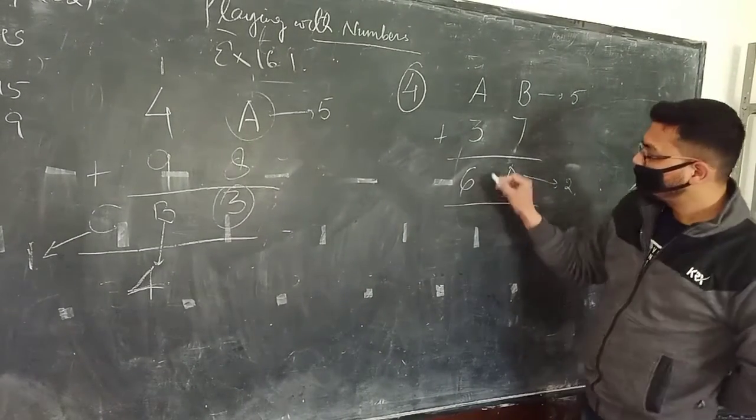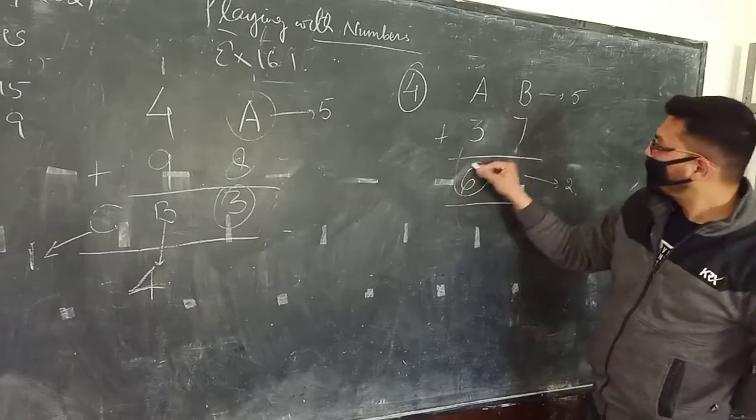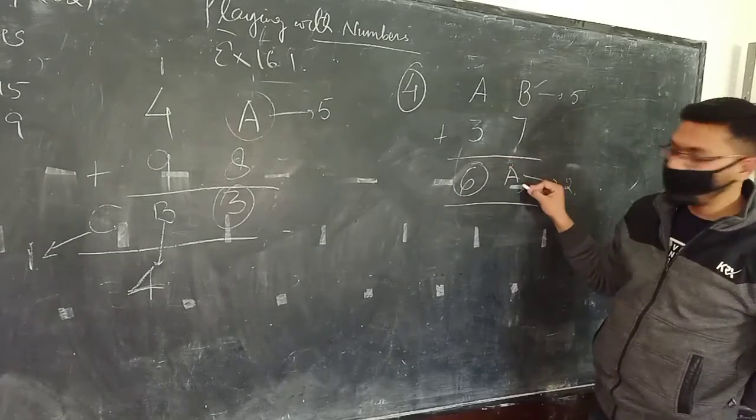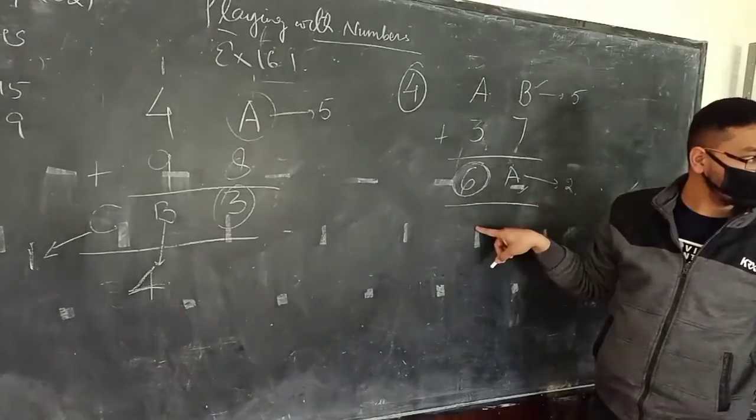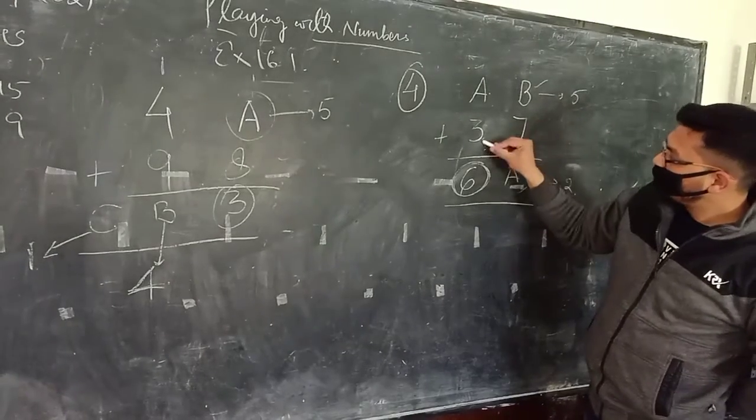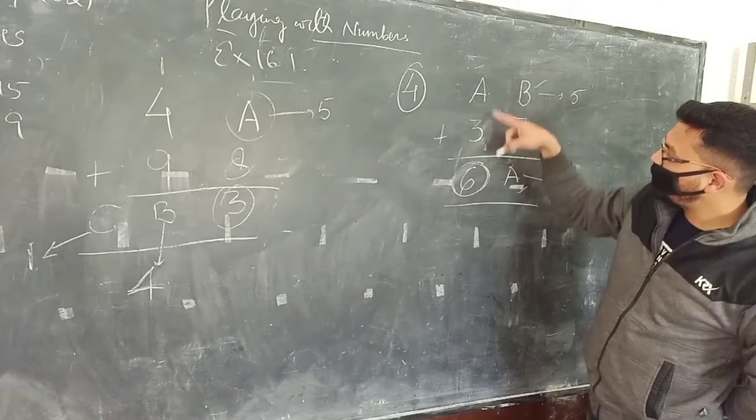Now this is 6. I don't know what B is, I don't know what A is, but here it is given that the sum of these two values is 6, right? Okay. So let's say 3 plus 2.